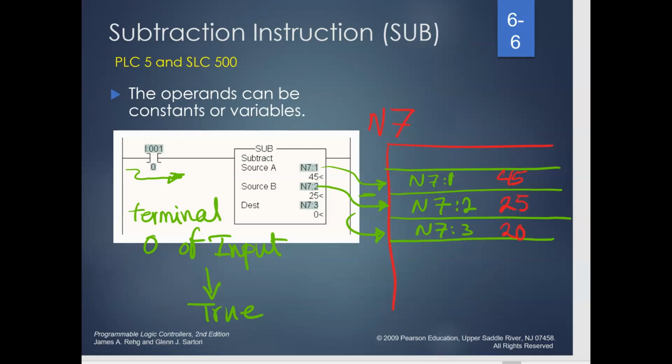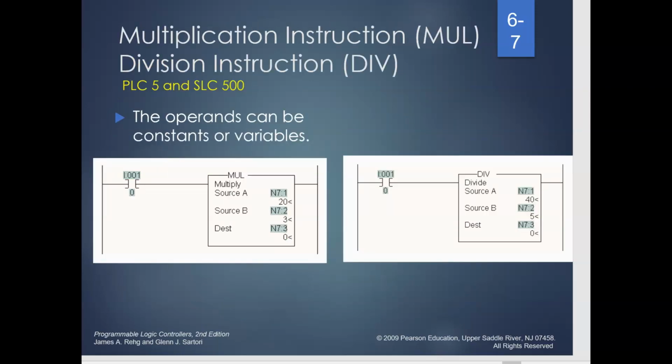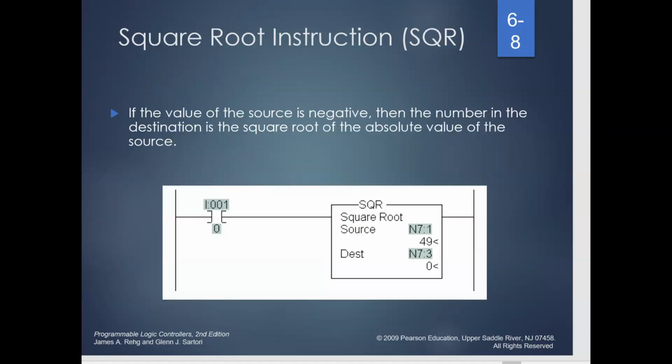Now, a similar thing happens in the next slide when we have multiplication or division. Whenever your input rung is true, the multiplication will happen. Your source A will be multiplied by source B, and the result will be saved in the destination, and similarly for division. Okay, in the next slide, we have a square root instruction, or SQR instruction. As we already talked about, here you have only one source, and that's N7:1 in this case.